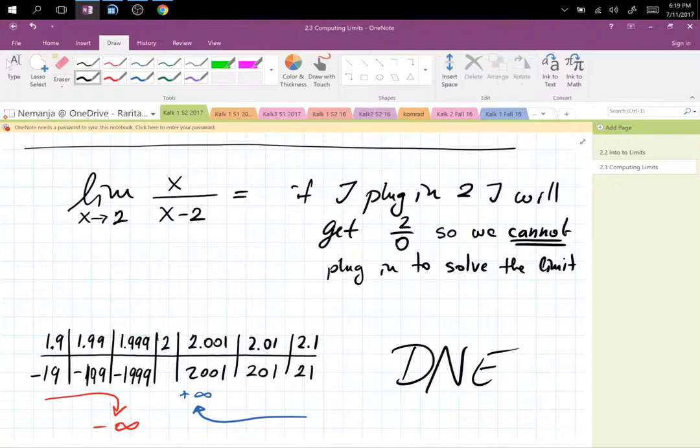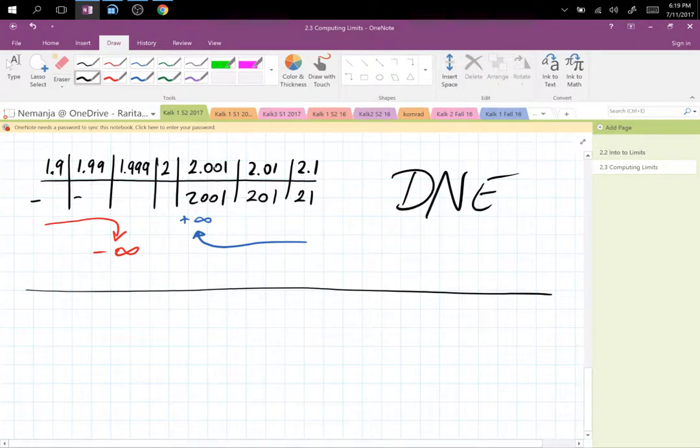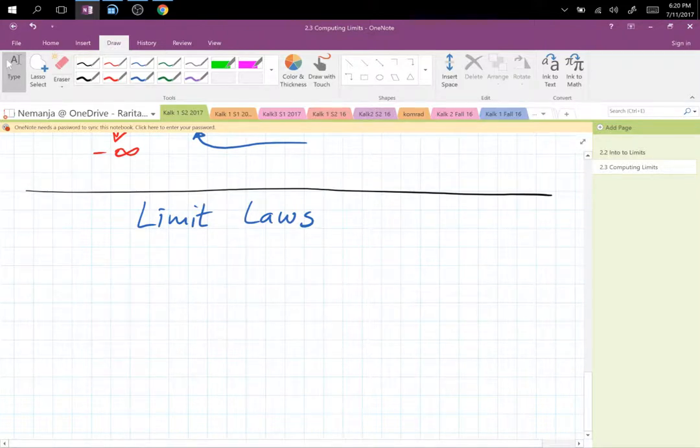Before we dive into algebra here, first let's take a look at properties of limits, or they call it limit laws, whatever. Okay, so the first one is that the limit of the sum of two functions is the sum of two limits.